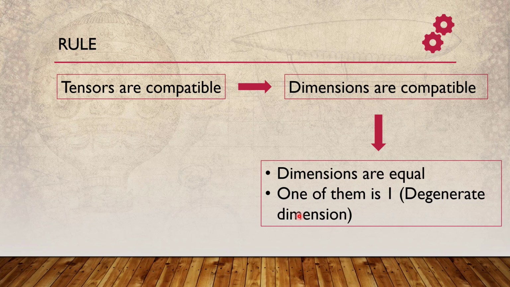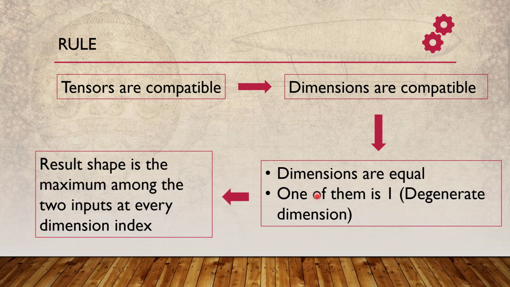Now if these tensors are compatible, that means their dimensions are compatible, that means these rules have been successfully applied on those two tensors, then the broadcasting happens in this way. The resulting shape will be the maximum among those two inputs at every dimension index.